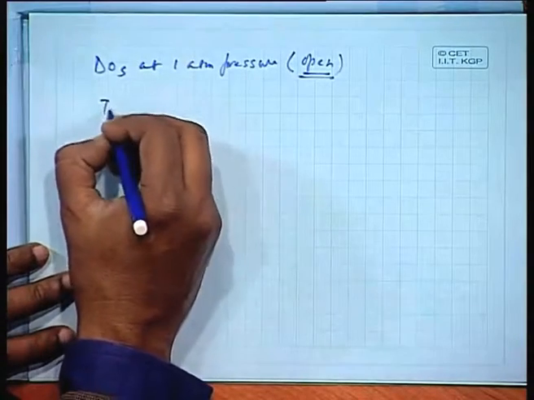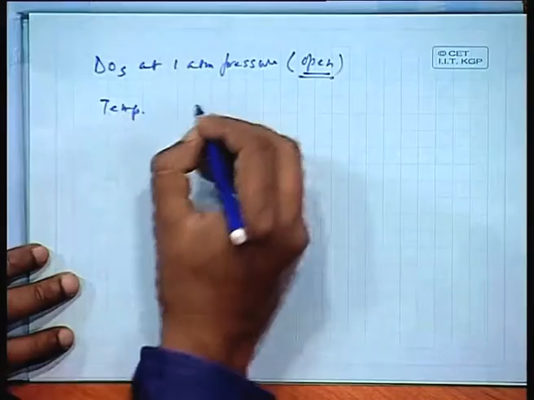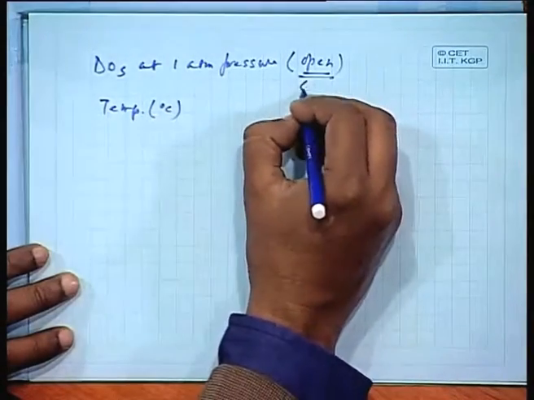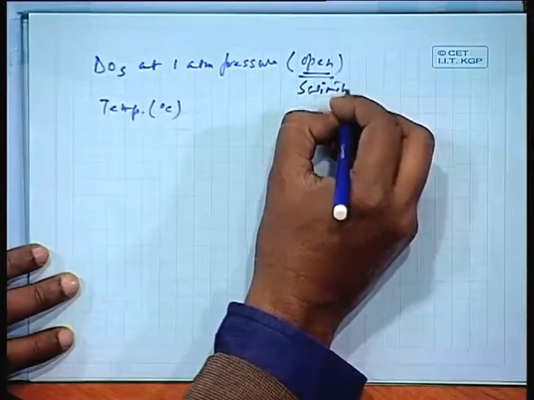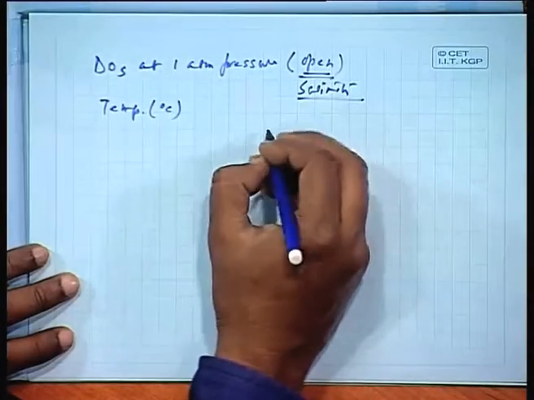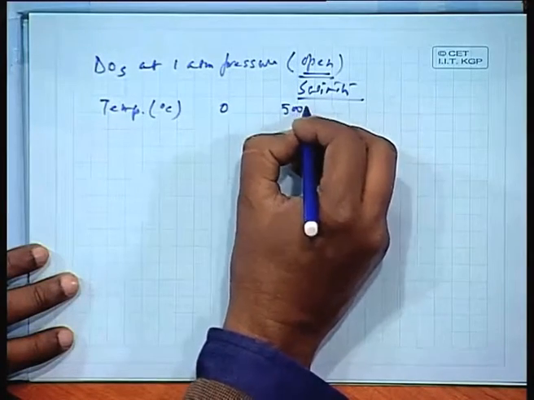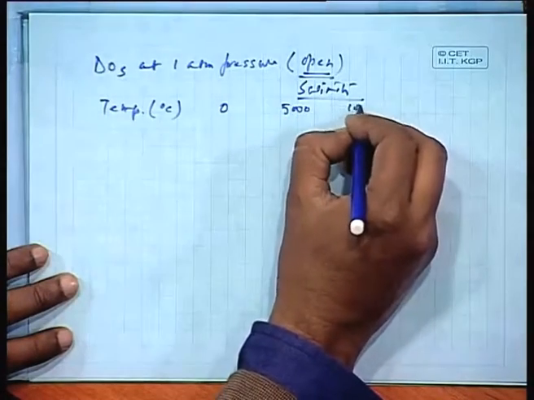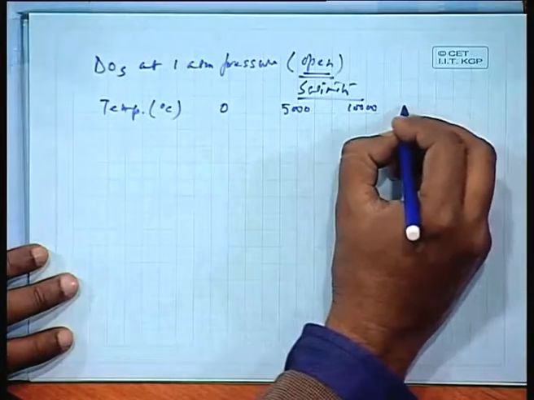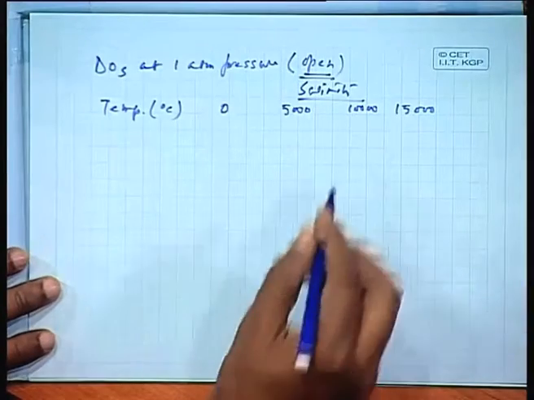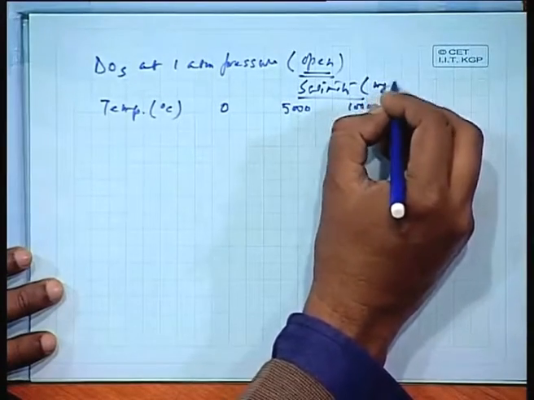So here it is temperature in degrees centigrade, and this is salinity. The salinity goes from 0 to 5000, this is 10,000, and the salinity is in milligrams per liter.